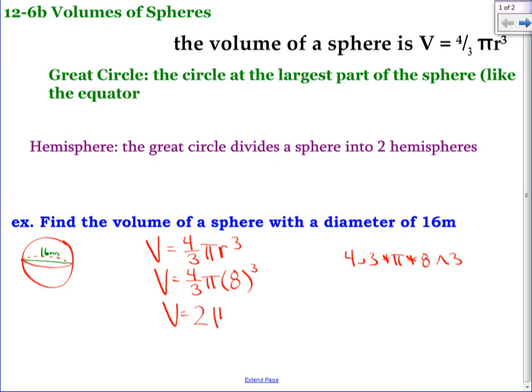We should get 2,144.66 meters cubed. Just make sure you put the radius in, not the diameter. Okay, pretty straightforward. Just using that one distance, that radius.